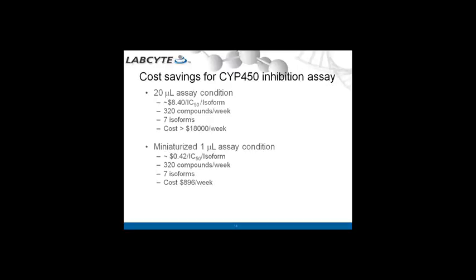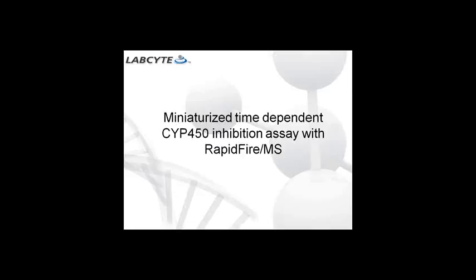If the same number of compounds are screened against 7 isoforms, the cost is less than $900 per week. With Echo liquid handler, you can save over $17,000 per week for CYP inhibition assay.